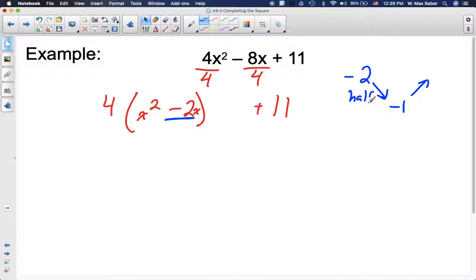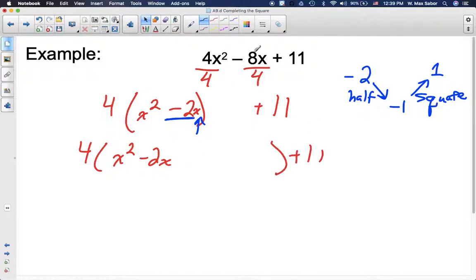Again, this is half. And then square it, which is not 2, it's positive 1. Negative 1 times negative 1 is positive 1. So we'll add a 1 and a negative 1 there, giving us 4 times x squared minus 2x plus 1 minus 1 plus 11.